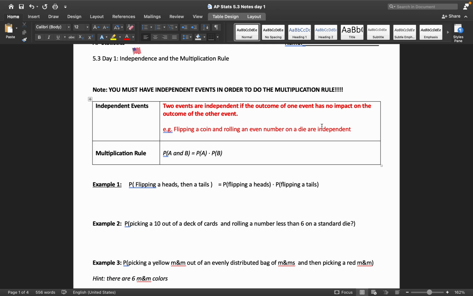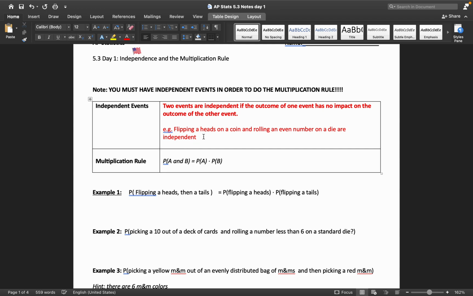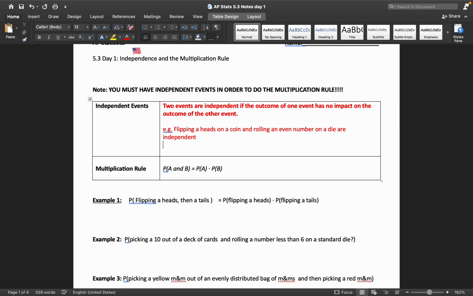Those are completely independent. Flipping a heads on a coin, or a tails, it doesn't matter, but either way, flipping heads or tails on a coin is not going to have any impact on the roll of the dice.